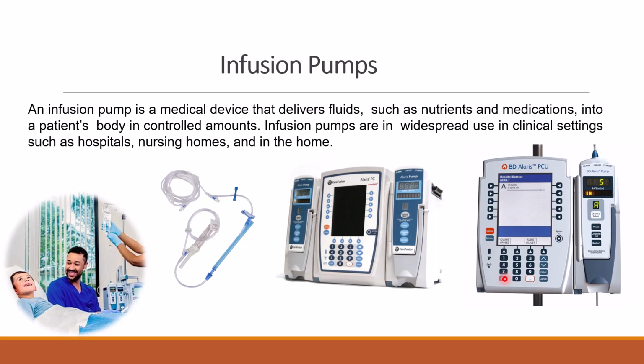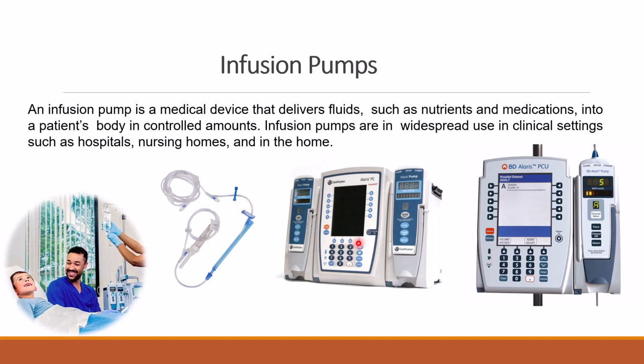The machine needs some parameters just to control the fluids delivered to the patient. We need to enter the full volume of the bag, and we need to enter the volume that we need to deliver through an hour. After that, we are going to start the treatment.